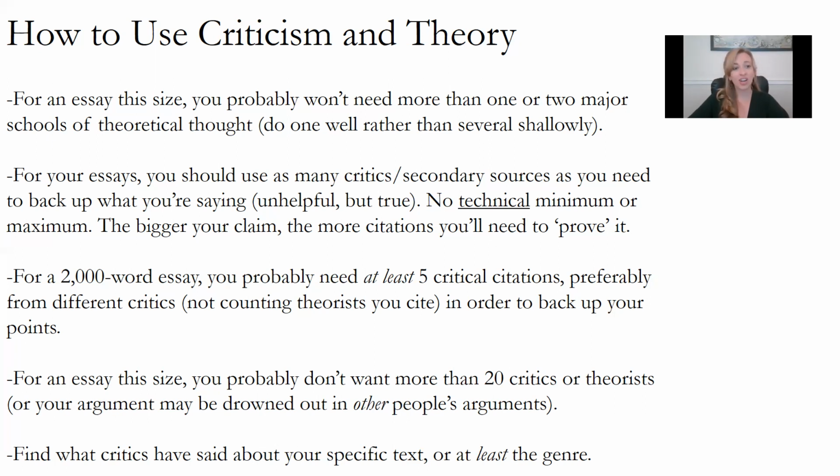So generally speaking, you should always, at the very minimum, go to Google Scholar or go to JSTOR and look up what people have said about your specific text and your specific genre, in addition to whatever broad theory that you're using underneath that, because those can point you in other directions. So doing that reading will actually help show you, oh, this person has read this book, I'm engaging with it in this sort of way.